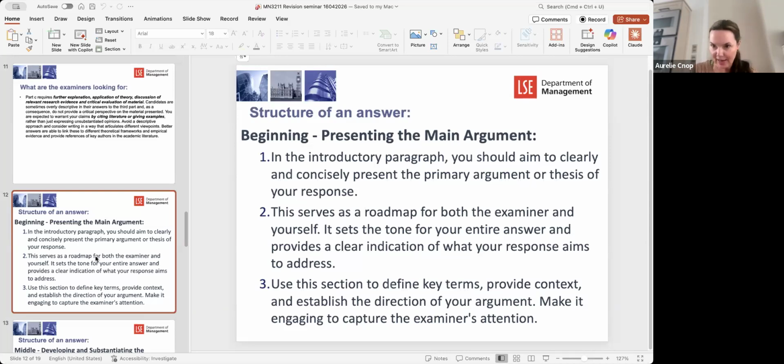Does somebody like that know what psychological safety is? Probably, right? Does somebody who didn't see this course know what burnout is? Probably, right? But does somebody who has not seen this course know what the GCM model is? Probably not, right? So then you want to define.